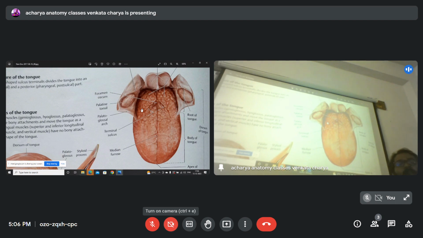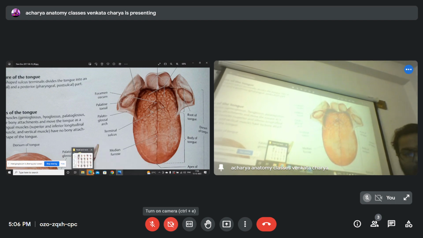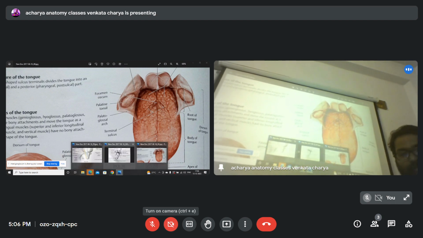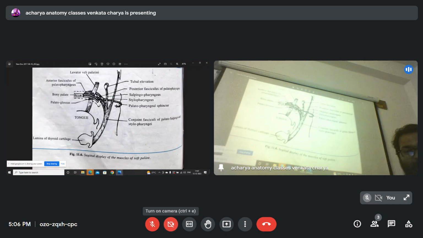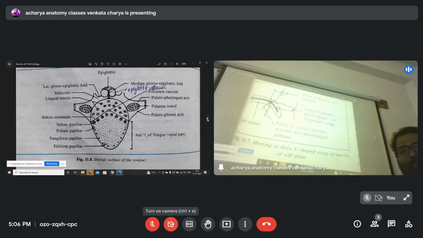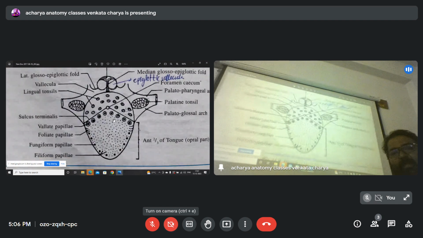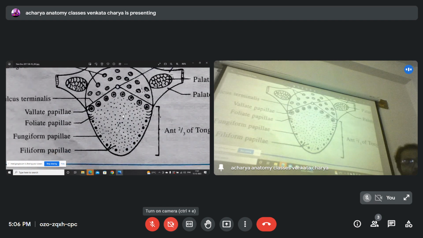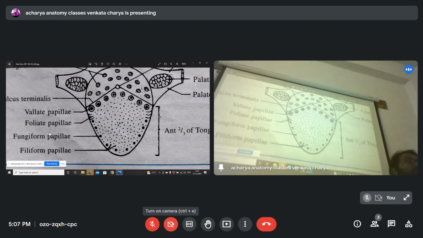In the anterior 2/3 part of the tongue, there is a presence of papillae. Number one, circumvallate papillae.